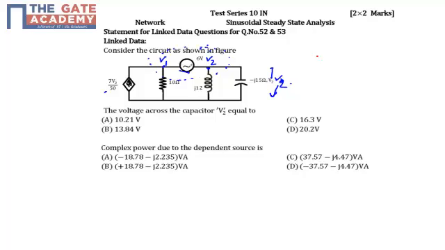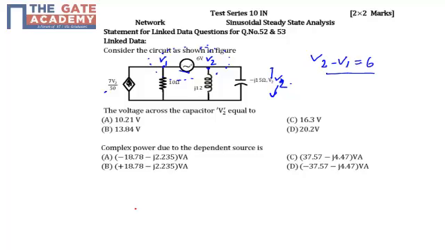So we have one equation, V2 minus V1 is equal to 6, because of this voltage source. Now I'm going to consider these two nodes as one node and apply the super node analysis. So let's apply this theorem here.